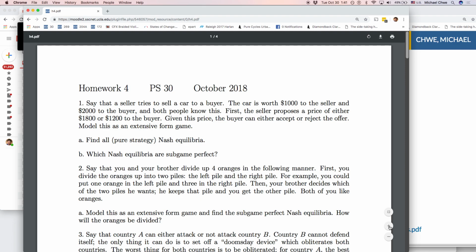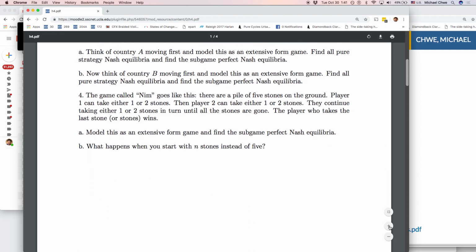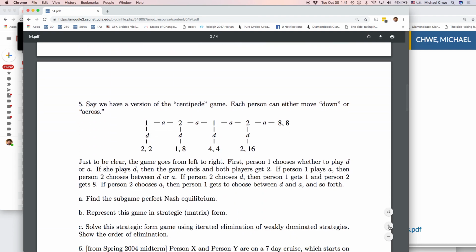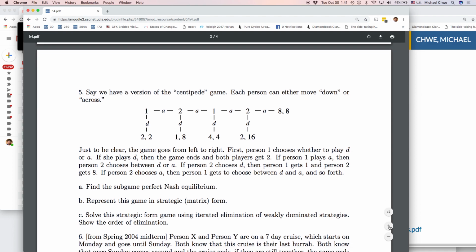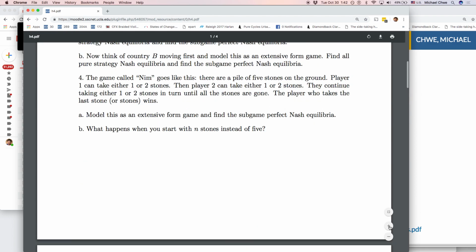So who's the first player? You, right? Yeah, what's the question? One of the questions asked for us to do strategic functions. Number 5 says find the subgame perfect equilibrium or represent the game as strategic functions. Oh, that should just be strategic form. Yeah, I'm sorry. Strategic form. That's all. Yeah. A table.